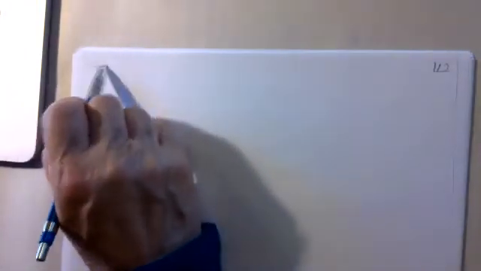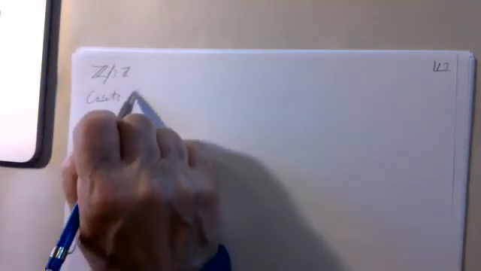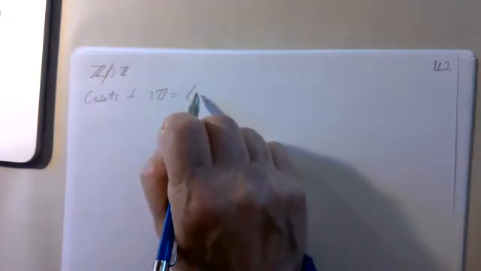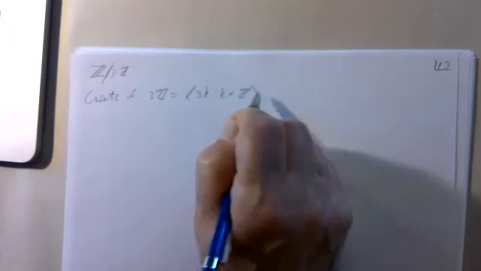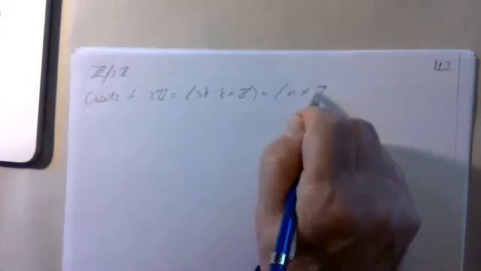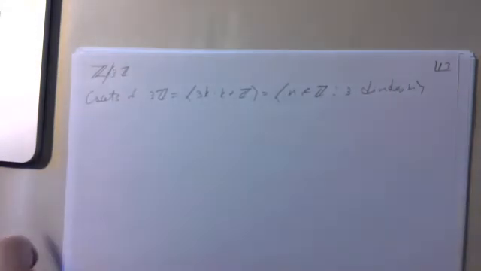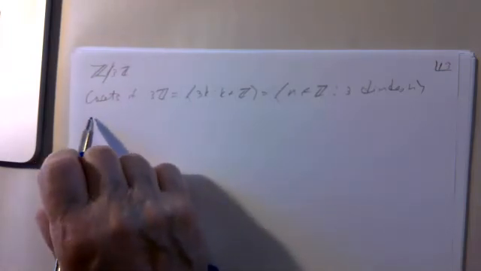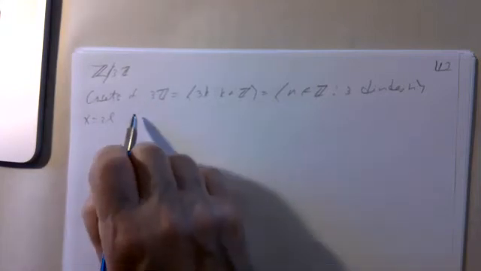Let's look at Z mod 3Z. What are the cosets of 3Z? What is 3Z? It's all multiples of 3. Or if you like, it's all integers n such that 3 divides n. That's what 3Z is. Suppose I take a number x equal to 3 times l.